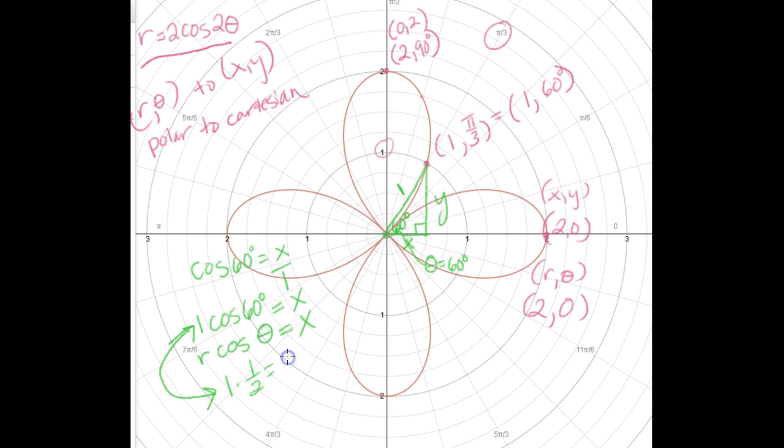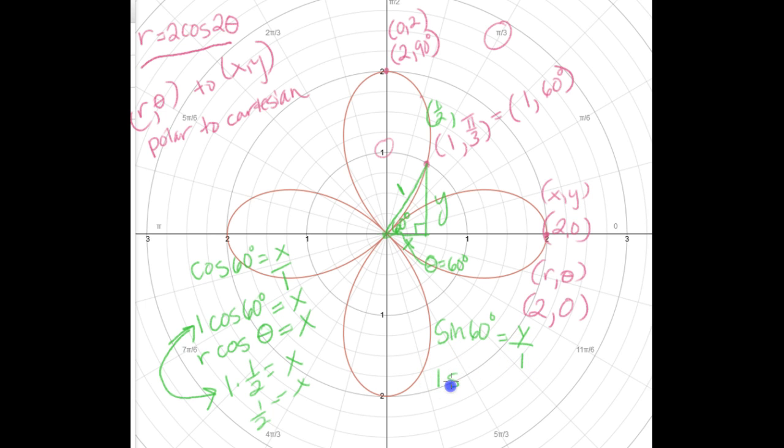So this point right here is x equals 1/2. Okay, and you could type that into your calculator, that's fine. So this right here is equivalent to 1/2, and now we need to find y. Well, y, it's the same way. We can say that the sine of 60 degrees is equal to the opposite leg over the hypotenuse.